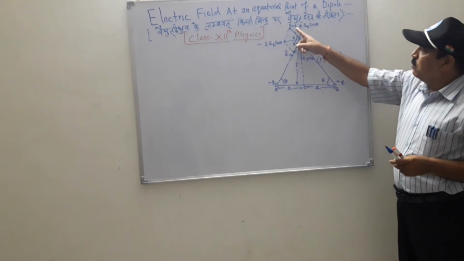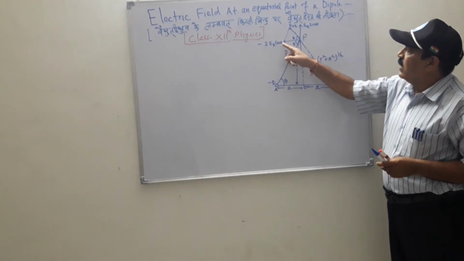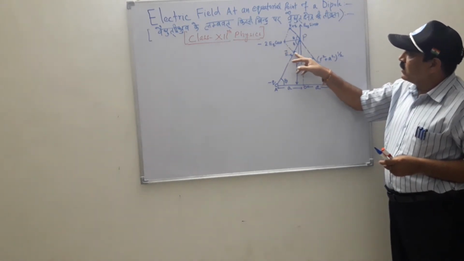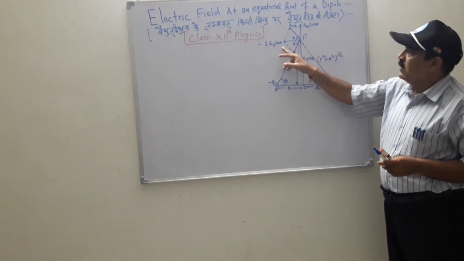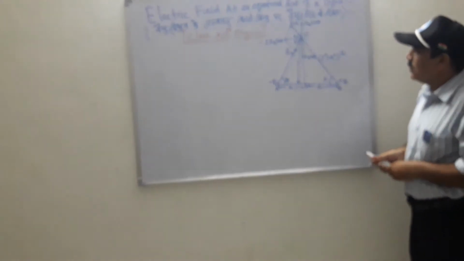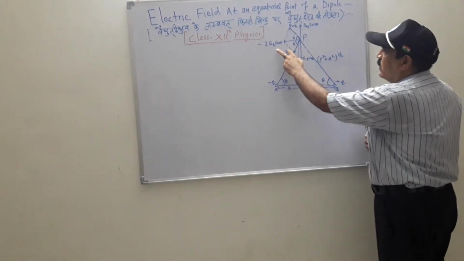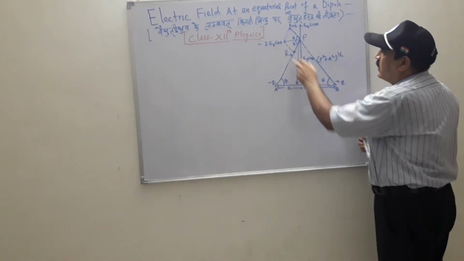Now, the horizontal component of E plus Q will be EQ cos theta, and similarly the horizontal component of E minus Q will be EQ cos theta, so the sum is 2 EQ cos theta.